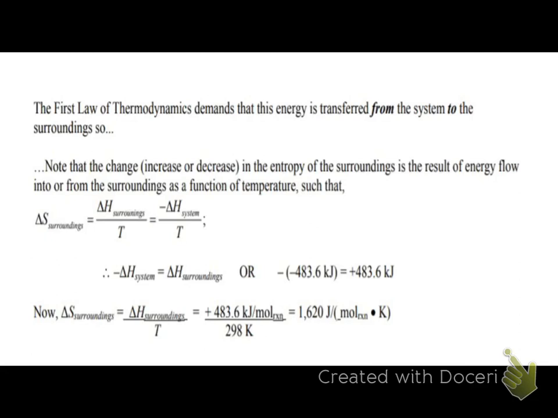So note that the change, increase or decrease, is a result of the energy flow. If you look at delta S for the surroundings for that reaction of water, it becomes positive. Not for the system, but for the surroundings. So the delta S of the universe would still be positive, because the surroundings is much more positive than the system. Fun stuff.